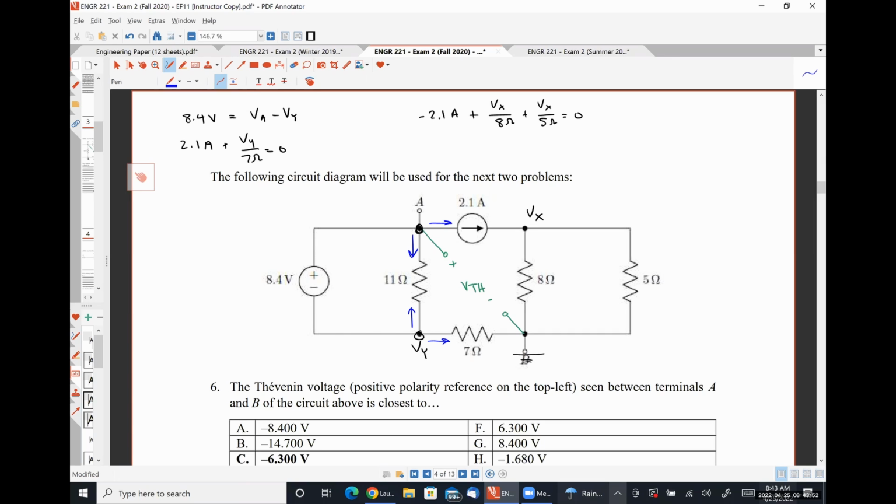Would the Norton current short out anything, or does the current still stop that? The Norton current. So if I were to short terminals A and B, that short is not directly in parallel with any of the elements in our circuit.